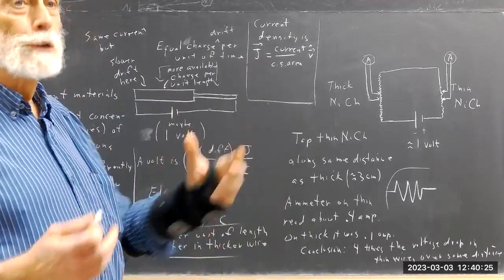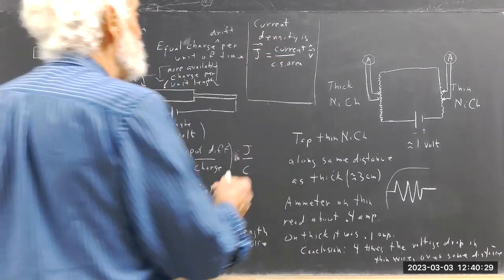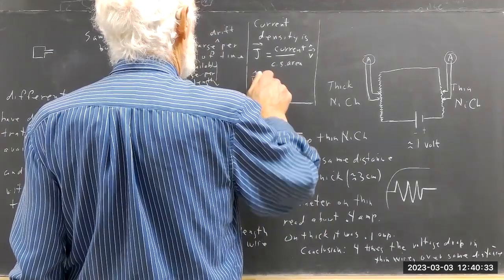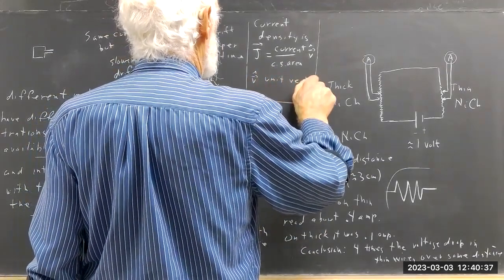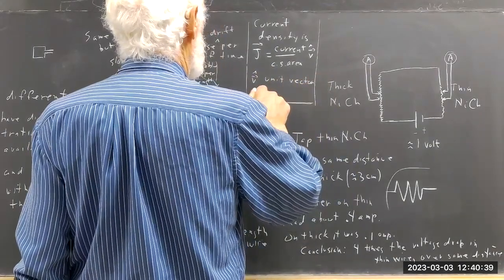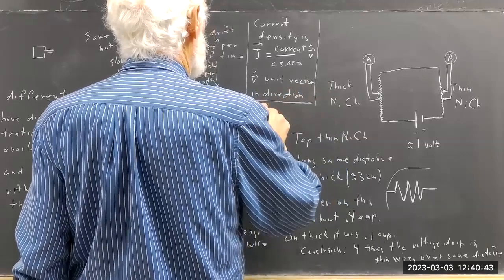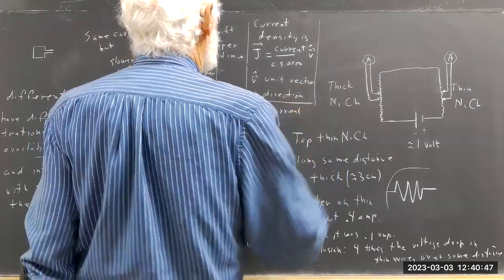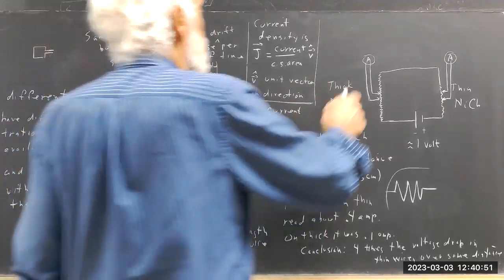Okay, that should be intuitive as well as just looking at the equation. V is the unit vector in the direction of the current.